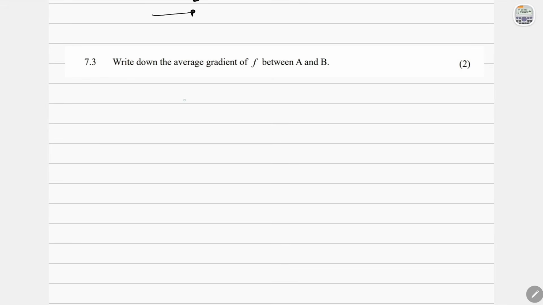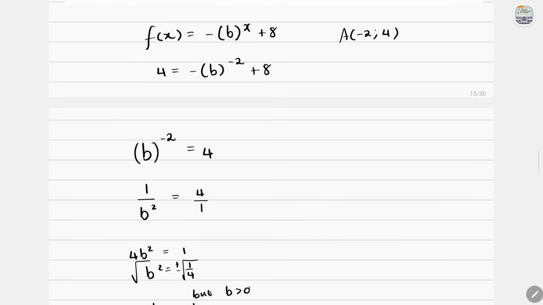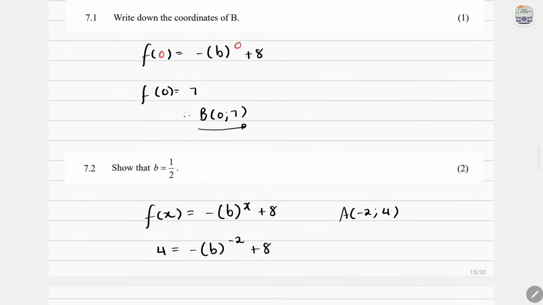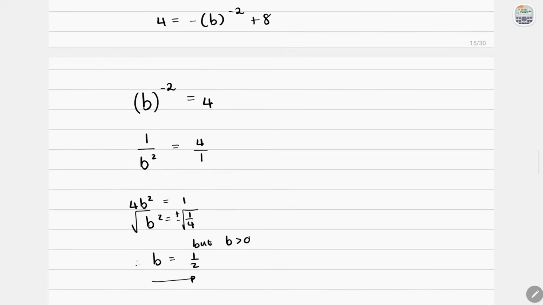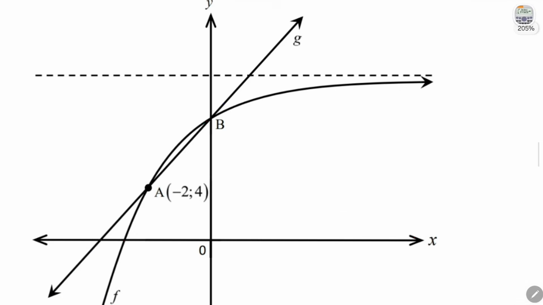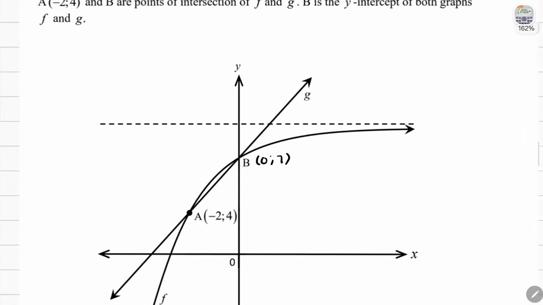The next question says, write down the average gradient of f between a and b. Okay, so between a and b. We know that b, the coordinate, is 0 and 7. But it's not necessary to find this gradient, because do you see that A and B are points that lie on the graph of G?